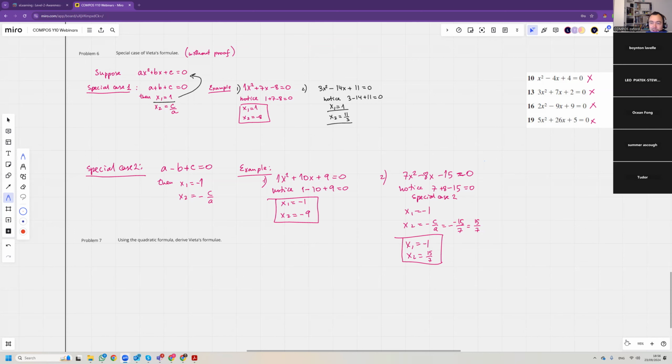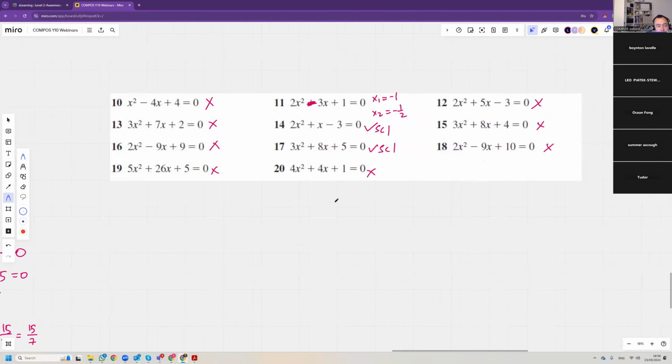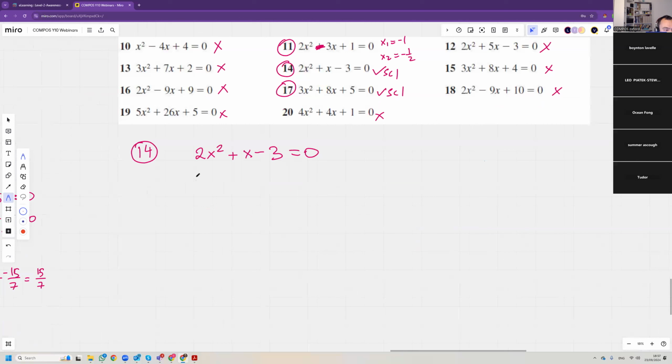Okay. So let's do these examples of special cases. So let's do 14, 17, and then 11. So number 14. Looking at the coefficients, 2x squared plus x minus 3 equals 0. So in here, a is 2, b is 1, and c is minus 3.